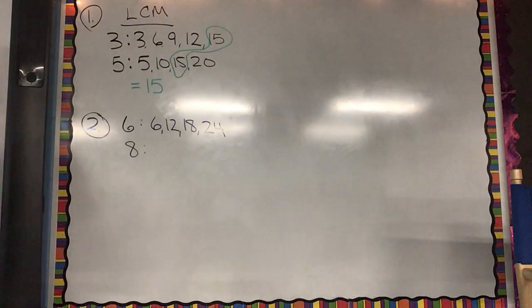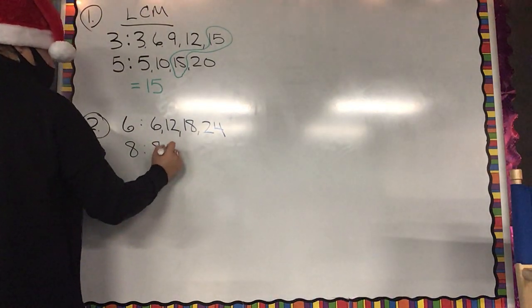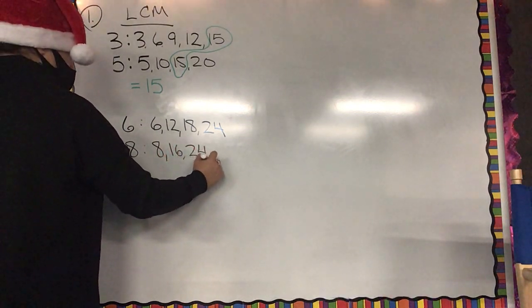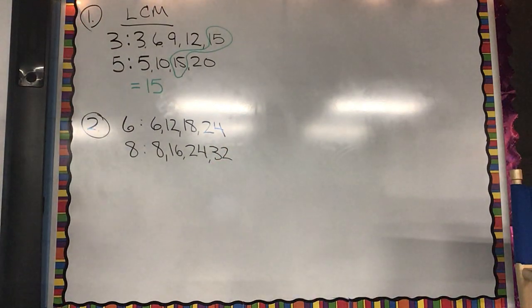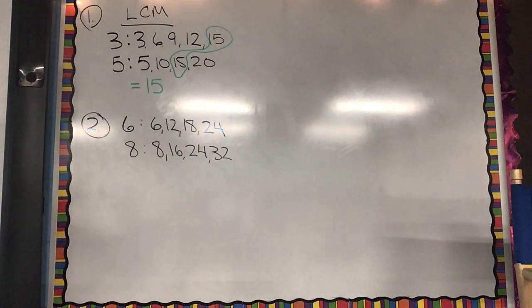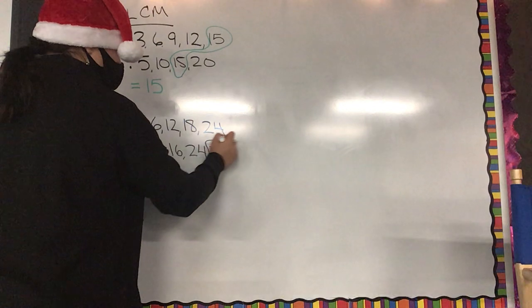Let's stop there. Let's list them for 8. Ready? 24. Do we have one already? Yeah. What is the least, the smallest multiple that they share? 24. 24. Circle it.